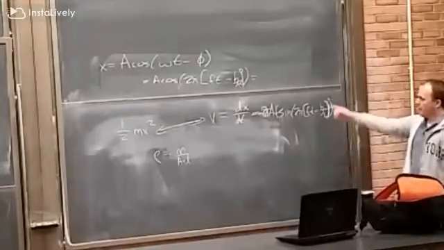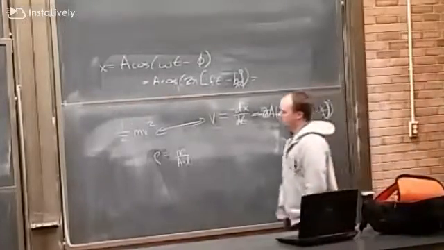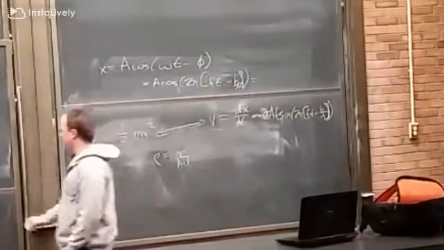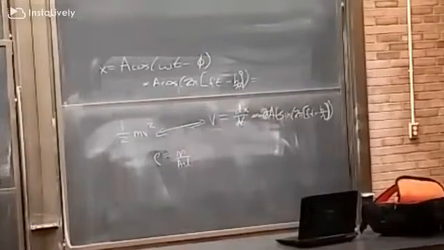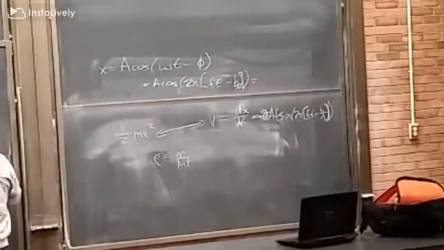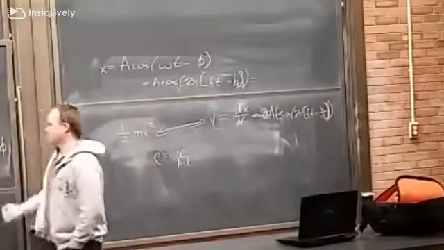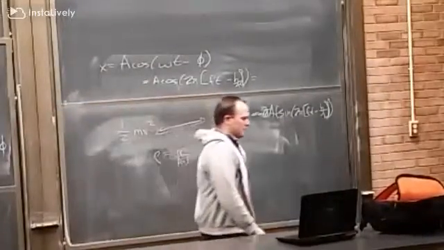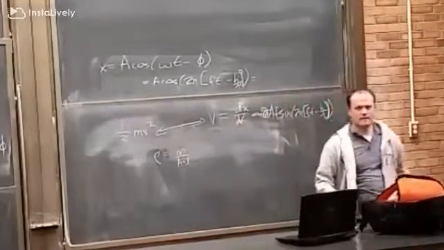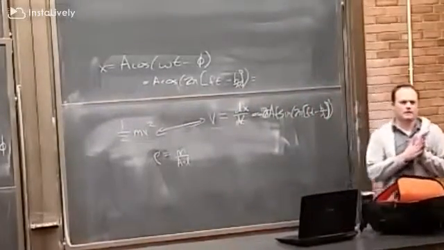So how does 2 pi h over lambda relate to this? It's repeating every 2 pi.